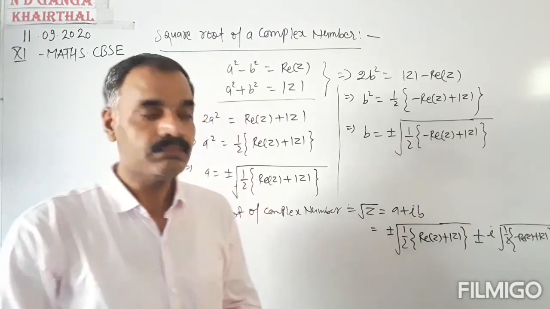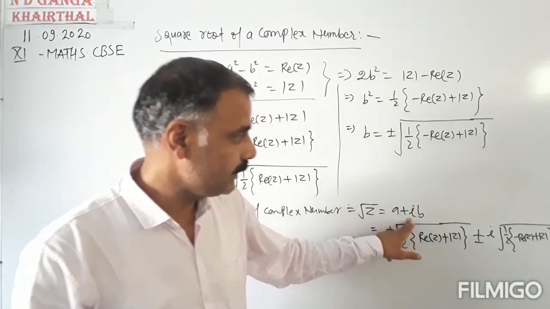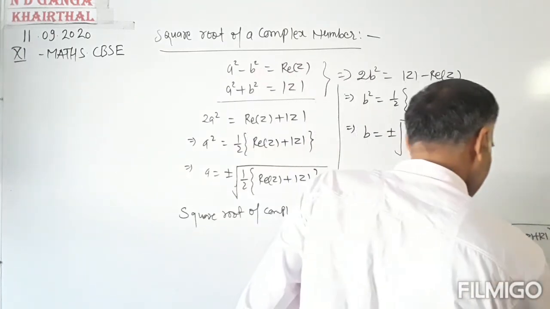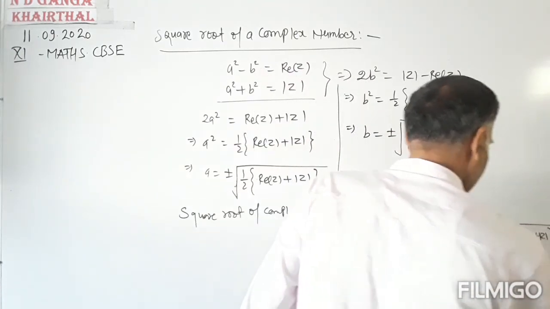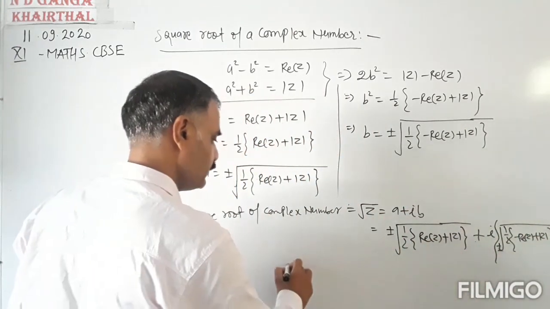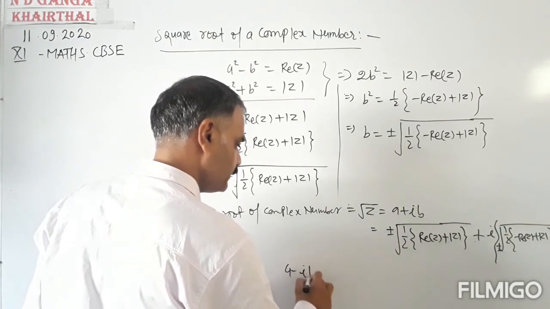Now this is a plus iota b, which is why we have the plus sign here.